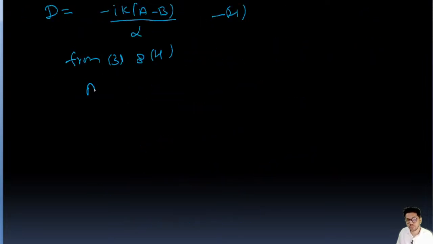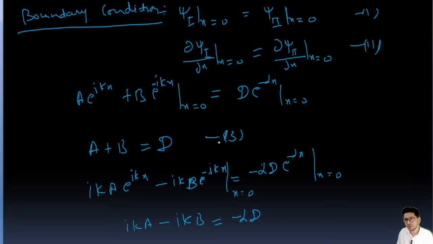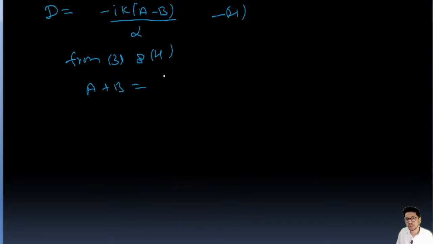So this is going to be A plus B equal to D, and D is going to be iota k A minus B upon alpha. We'll solve it, and also here we know the value of alpha and k as well.